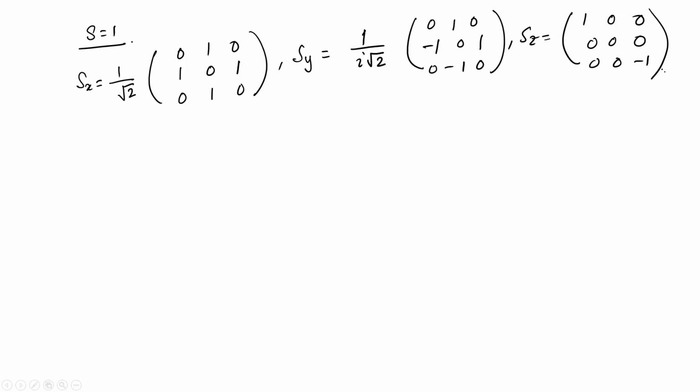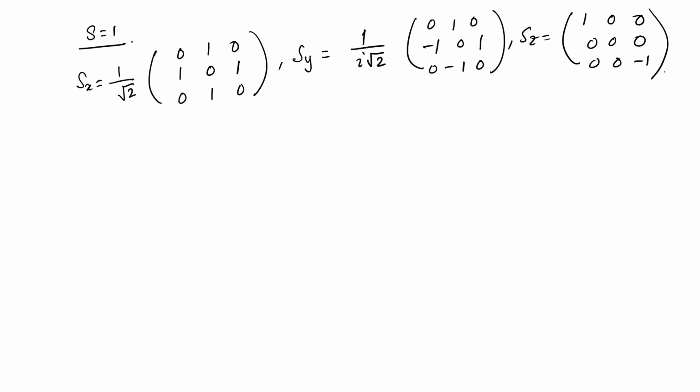In each of these cases one usually chooses sz to be diagonal, and nevertheless they all have these properties, some of which are quite universal for all the spin matrices.